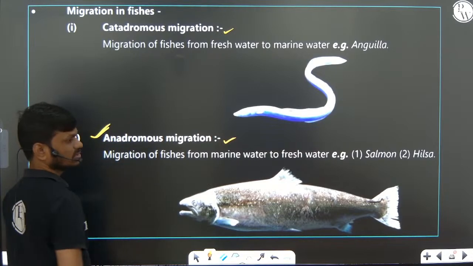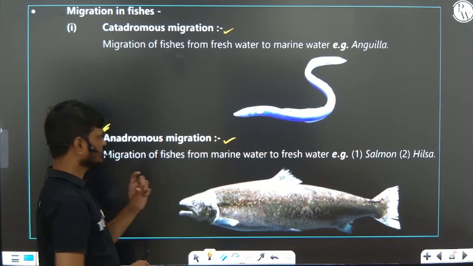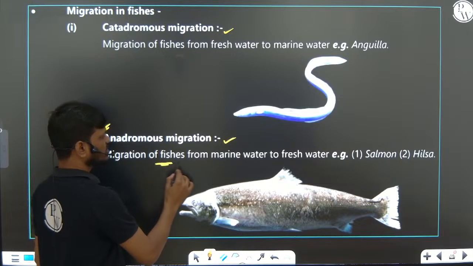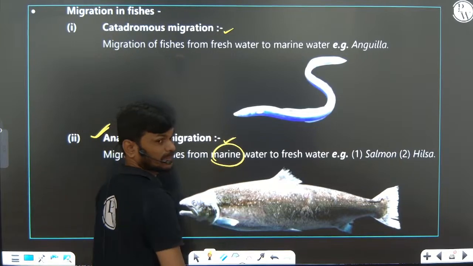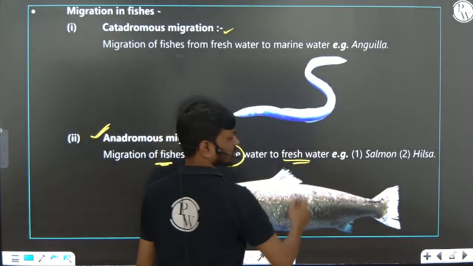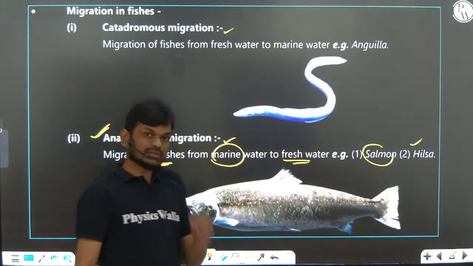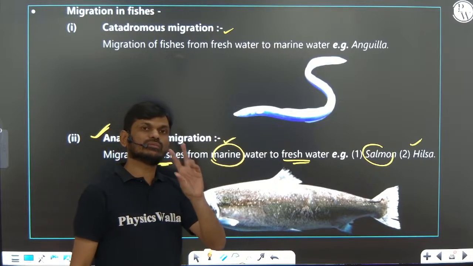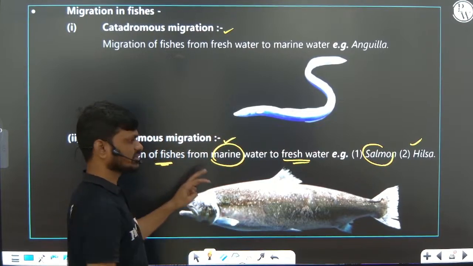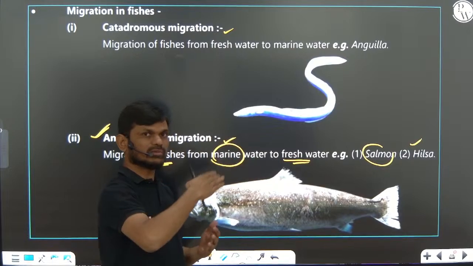Anadromous migration. Examples: salmon and hilsa fish show anadromous migration, that means marine water to fresh water.